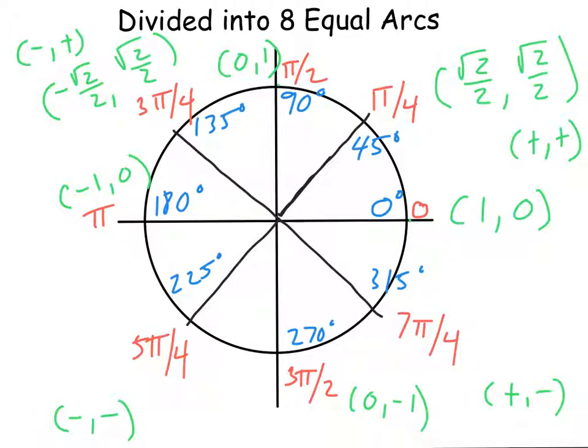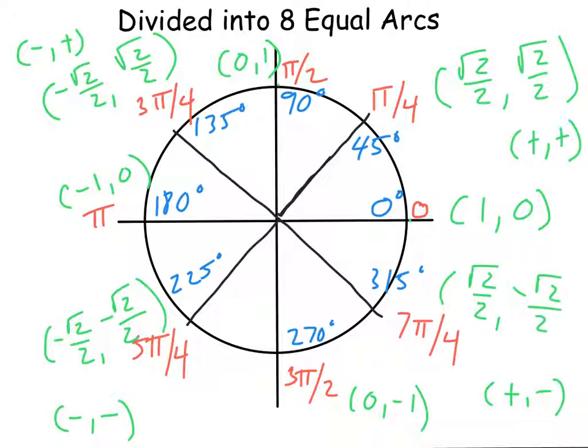I just have to throw a negative sign in front of the x coordinate. Down here, for 5 pi over 4, they both have to be negative. And then at 7 pi over 4, or 315 degrees, the x-coordinate will be positive, but the y needs to be negative.